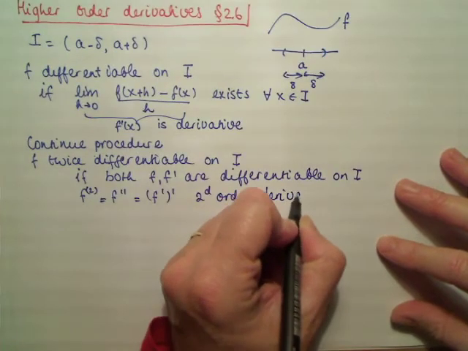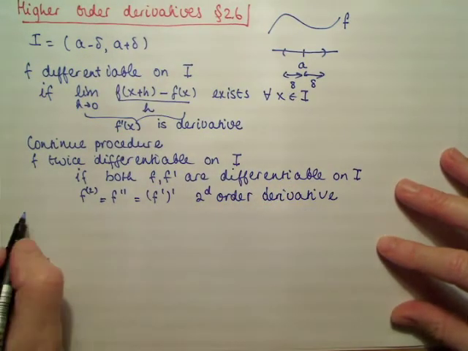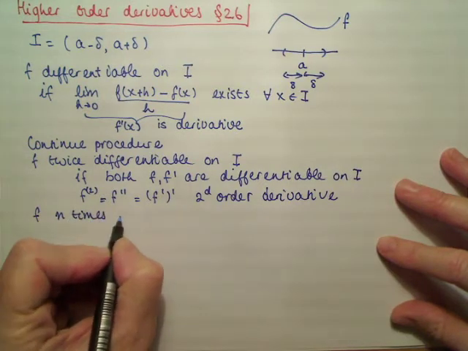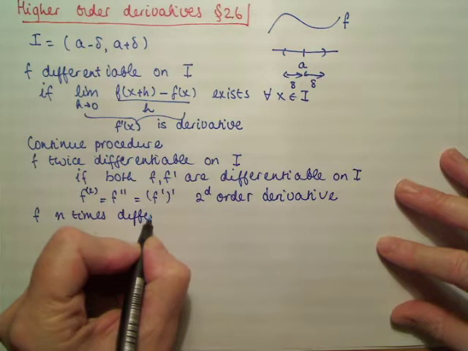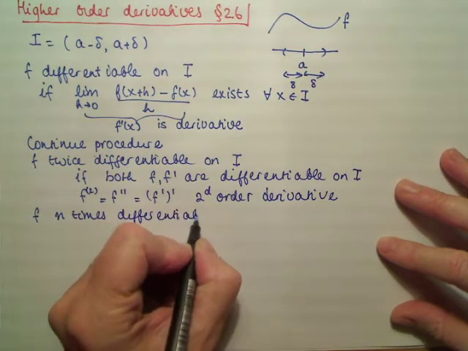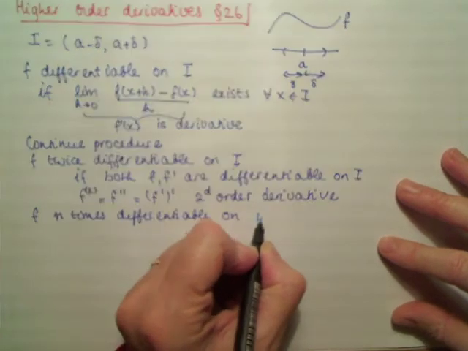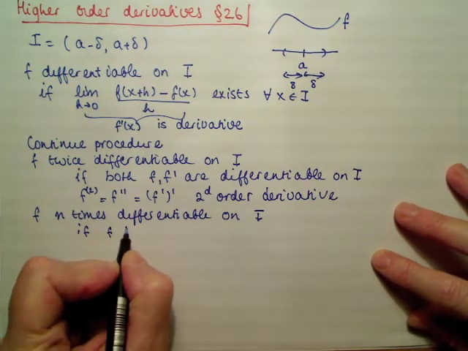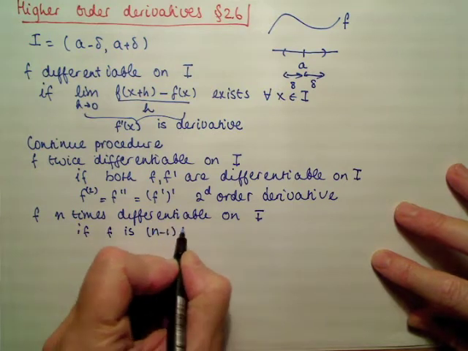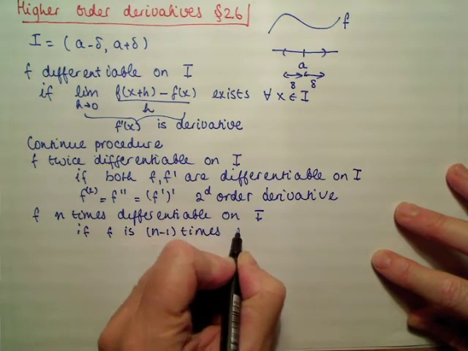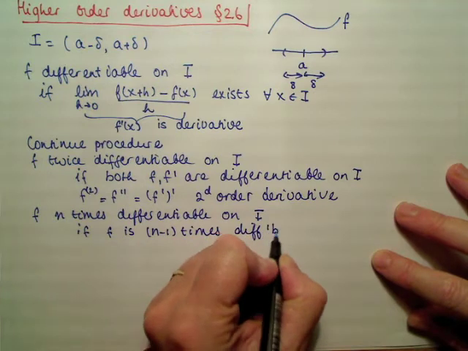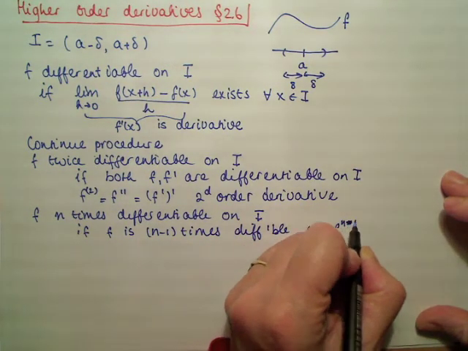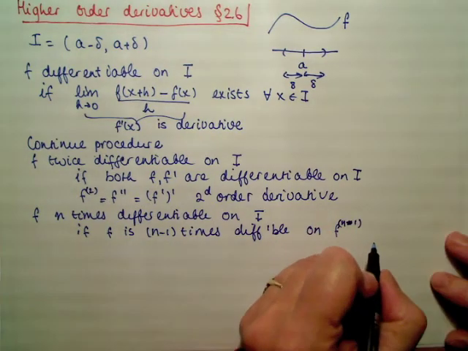Now clearly we can continue this procedure, and then we say that f is n times differentiable on this interval if it is n minus 1 times differentiable and the (n minus 1)th derivative exists.